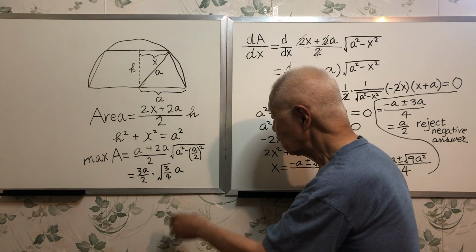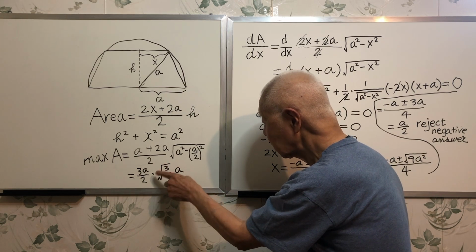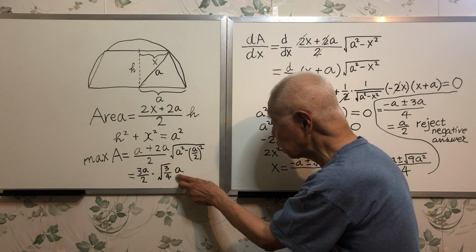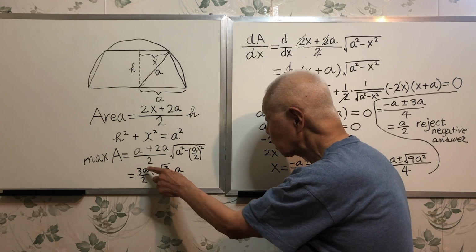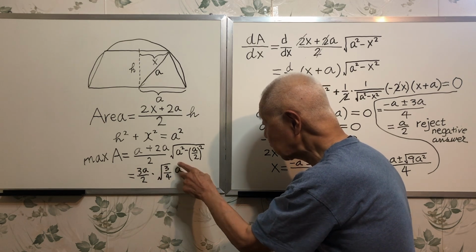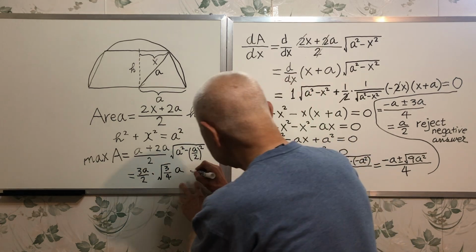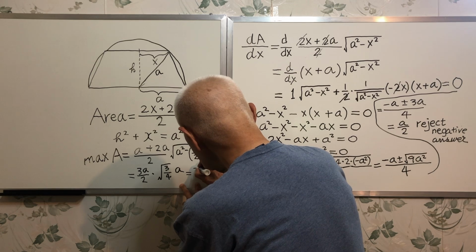Now, 3 times root 3, 2 times root 4. Root 4 is 2. So 2 times 2 is 4. So I have 3 root 3 over 4 times a times a squared.